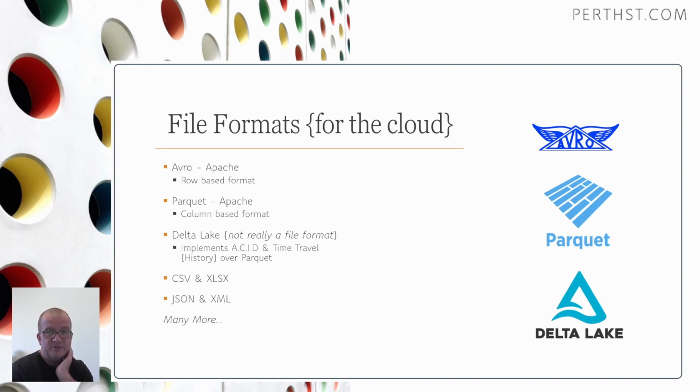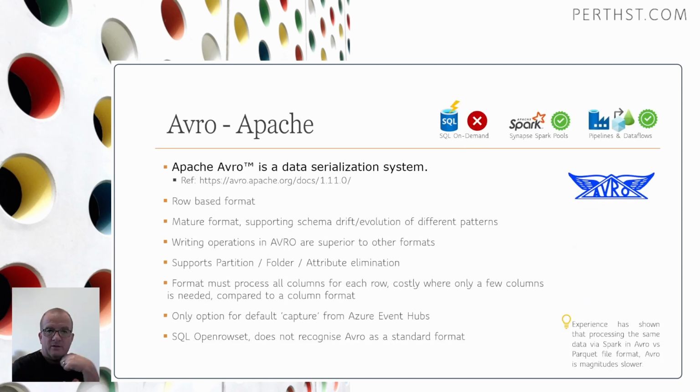We're going to focus on Parquet in particular, although I'm just going to do a quick rundown of Avro, Parquet, and Delta Lake. So Avro from Apache is a data serialization system, straight off of the Apache documents. It's a row-based file format. It's a mature format.